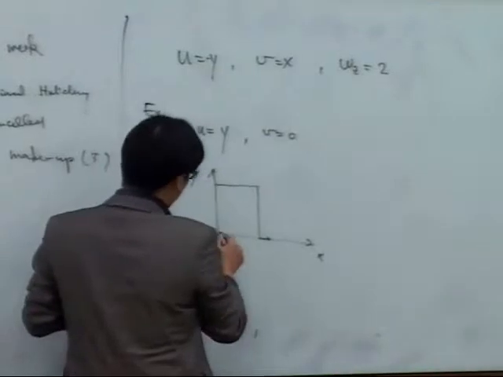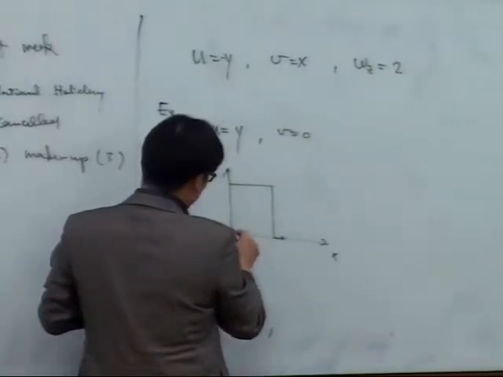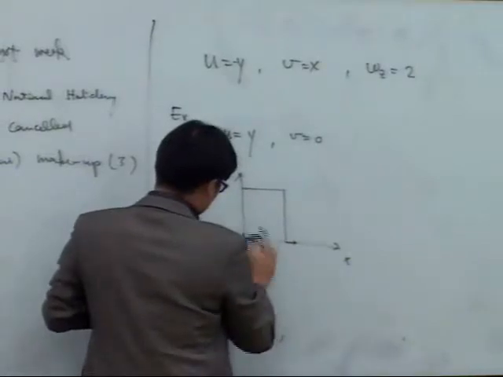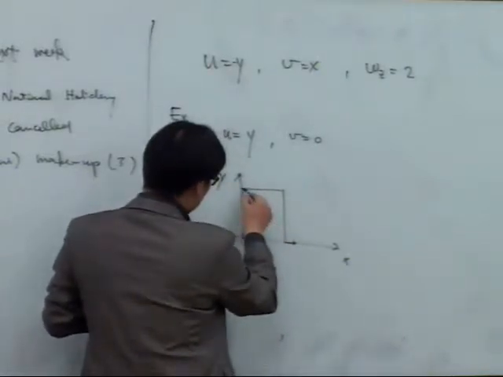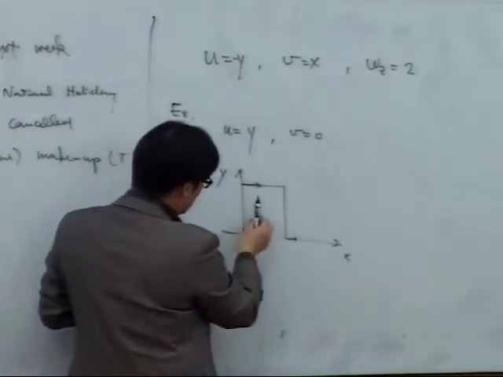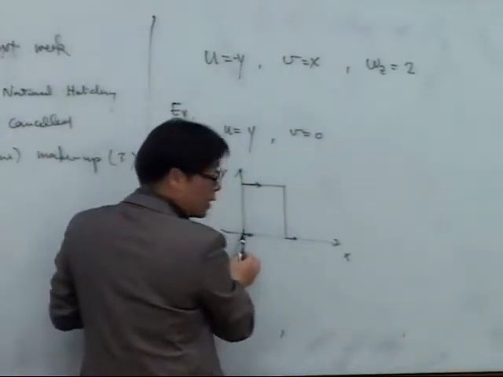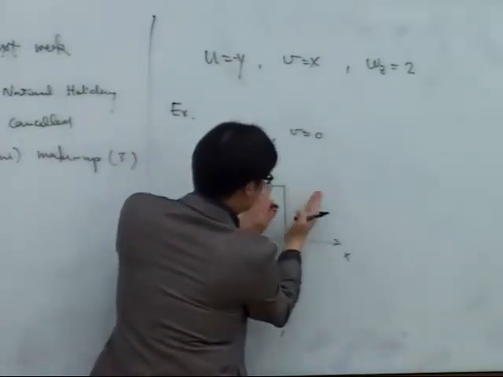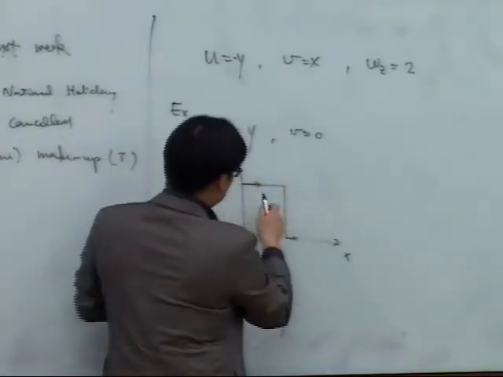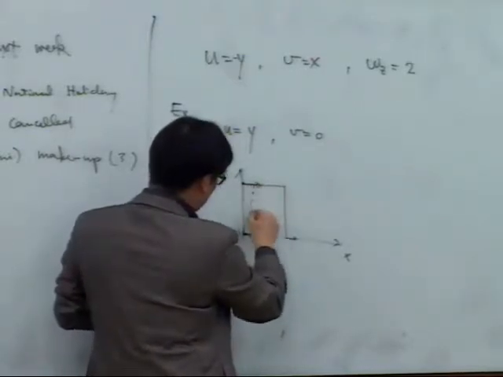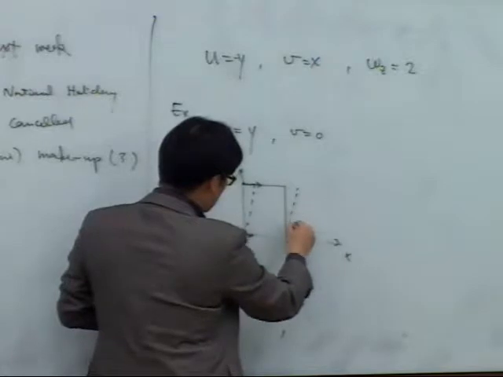On the other hand, if you look at the horizontal velocity at different y locations, as y increases, u increases. So this one is moving faster than this one. So at the end, what happens? It looks like that, because this fluid particle is moving faster than this. So at the end, what you get is something like this.